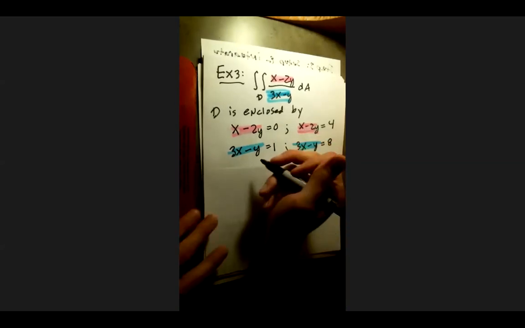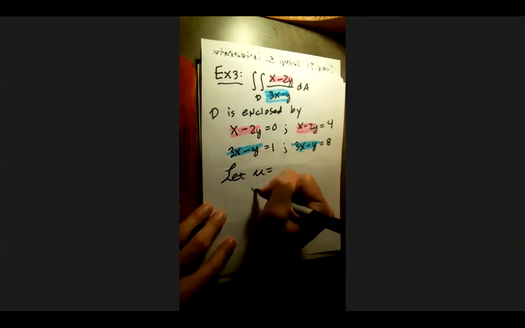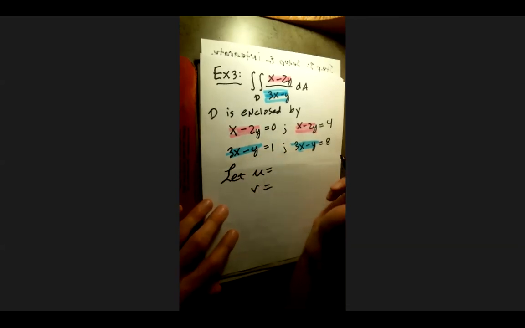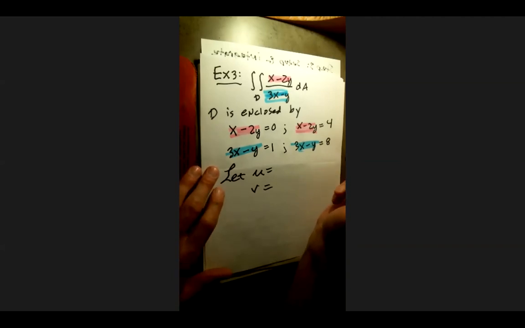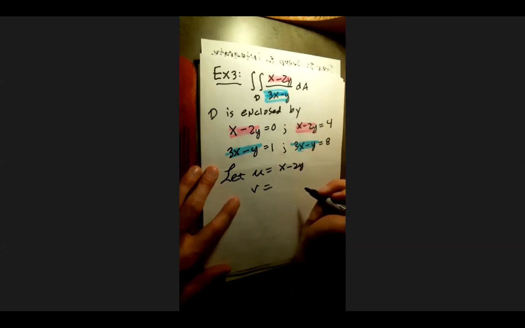And so what would be a good substitution? Let u equal x minus 2y. Sure. And v might be 3x minus y.